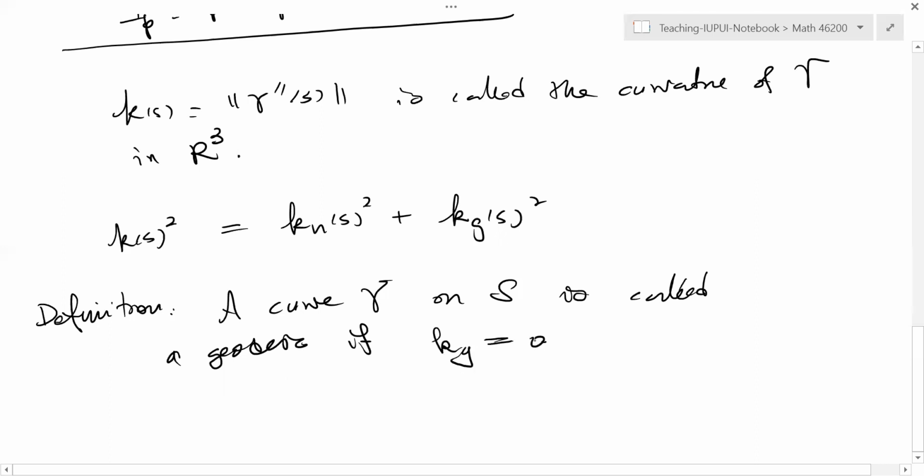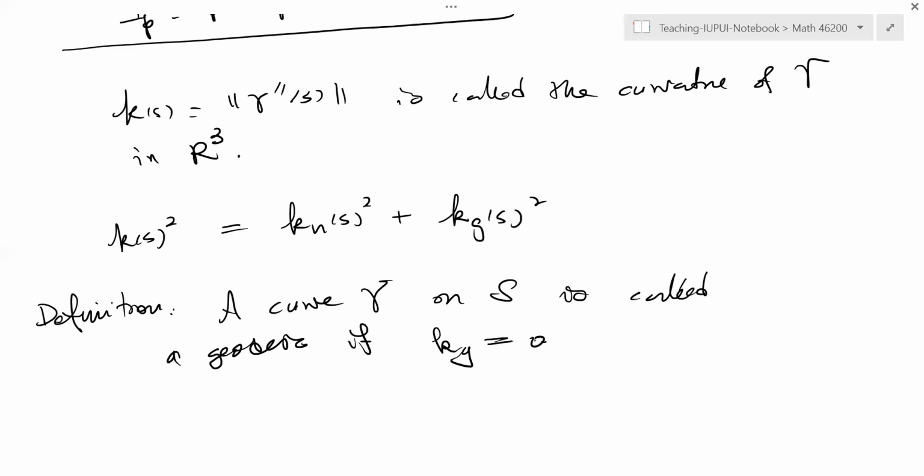Now, the geodesic curvature is defined using the arc length, but you can also get a formula to compute the curvature without using arc length. We can take a look at the previous formula. I think we have the formula without using arc length.